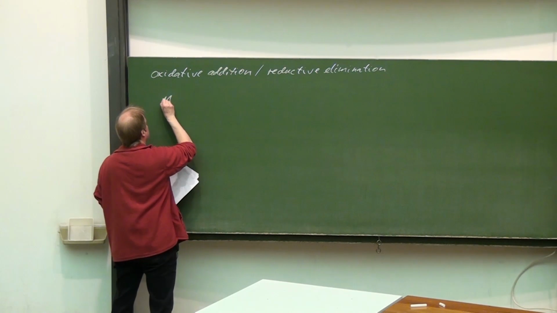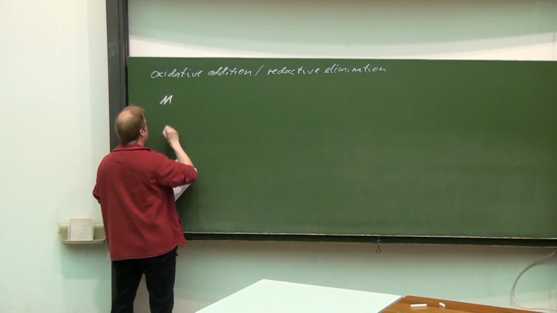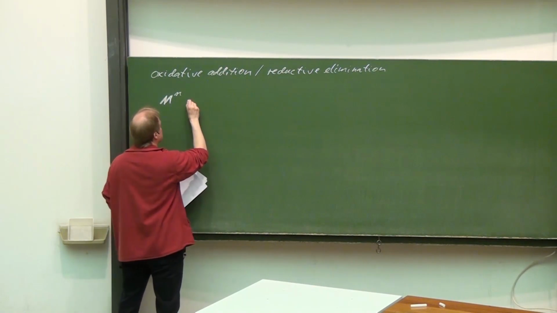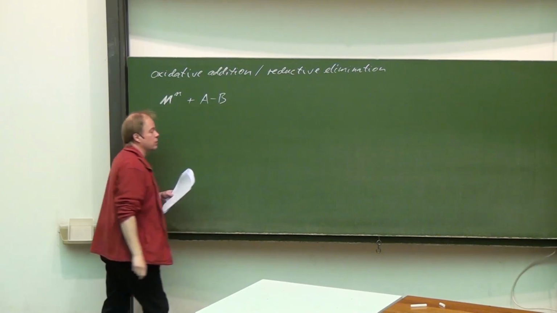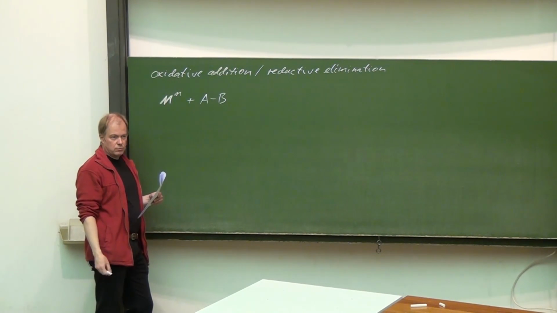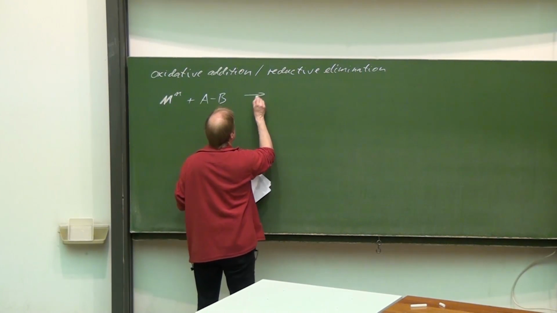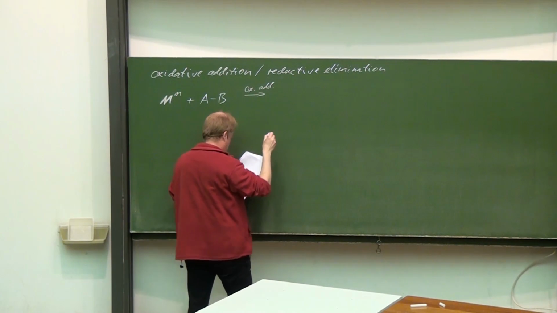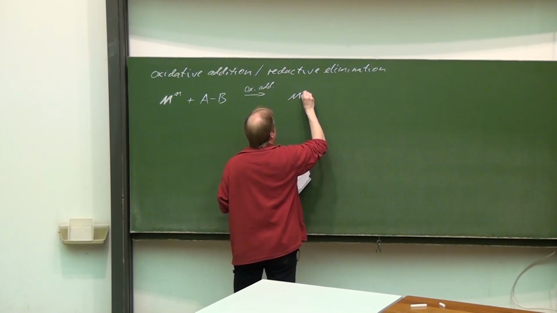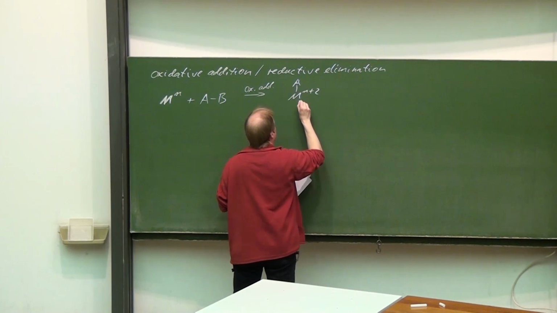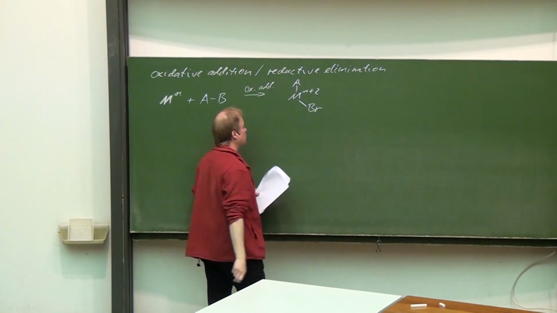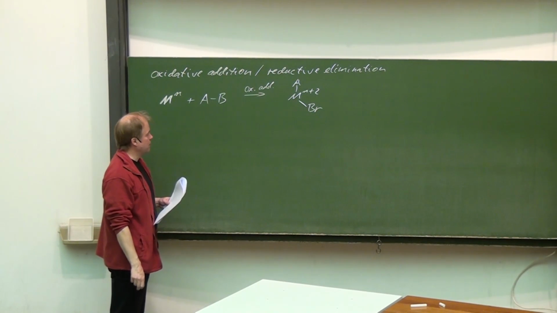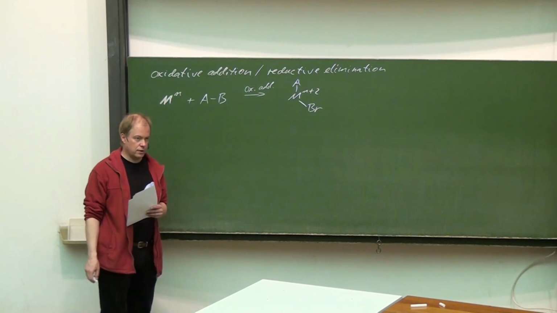Generally scheme, a metal in the oxidation state N reacts with a molecule AB and the oxidative addition will lead to a complex with A and B as ligands or substituents at the metal, and the metal has changed to the oxidation state N+2.